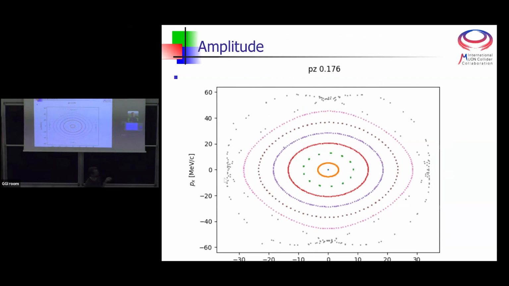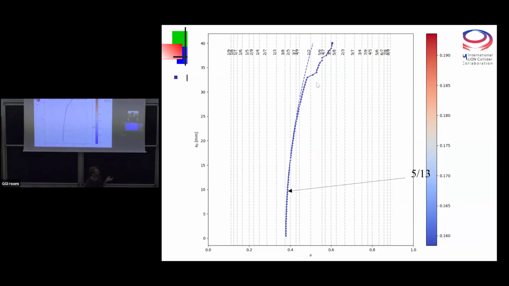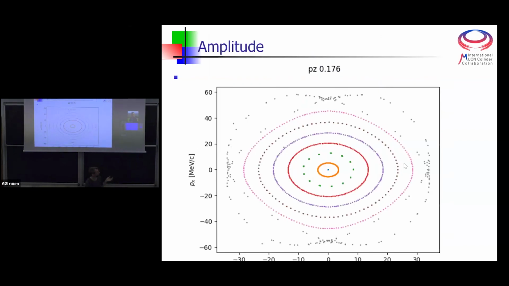The reason I colored this particle in gray is it does eventually get lost after a couple of hundred cells, because it's close to this resonance, which we don't like. Fine. But the point is, particles are going around these ellipses, and when they start on an ellipse, they stay on an ellipse.